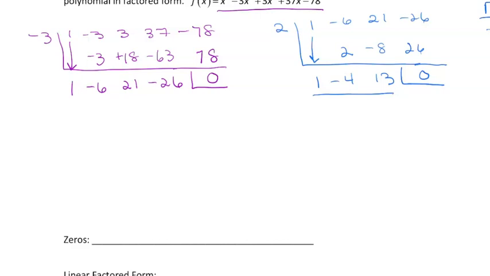Okay, this is a quadratic. Write that one out. This is y equals x squared, because the 1 is the coefficient, minus 4x plus 13. Now, nothing multiplies to 13 and adds to a -4. So that means that you have to use the quadratic formula at this point.